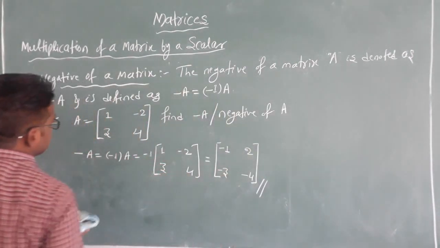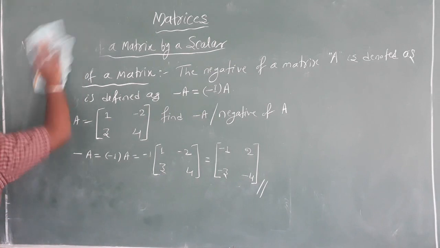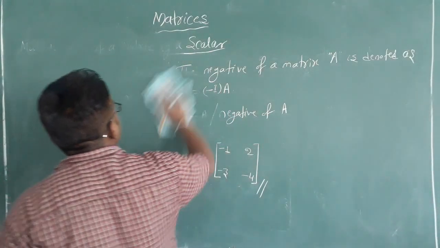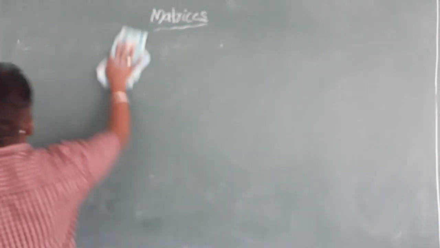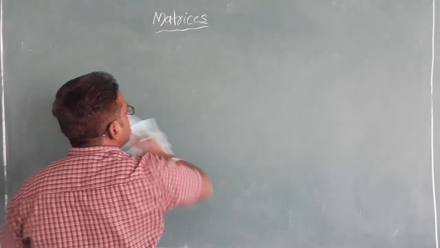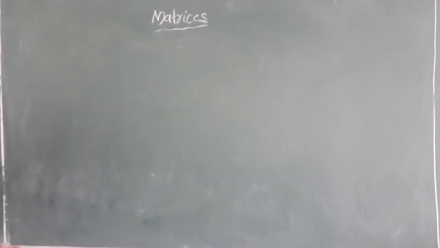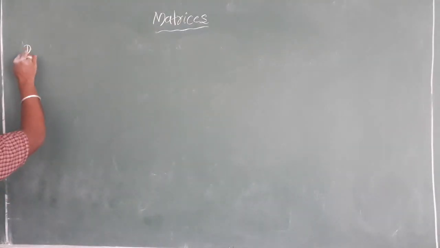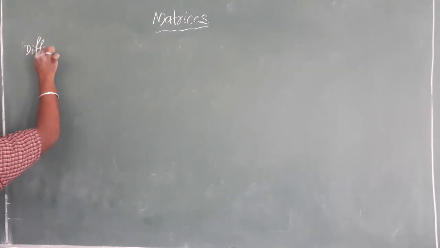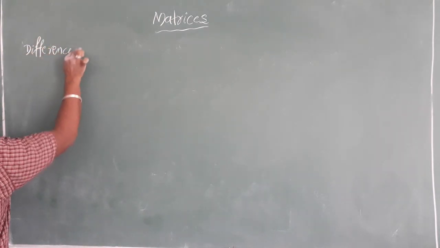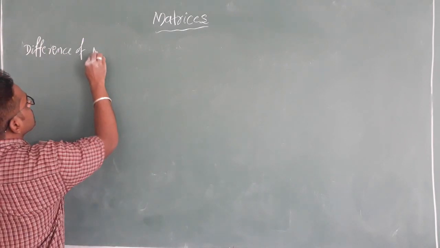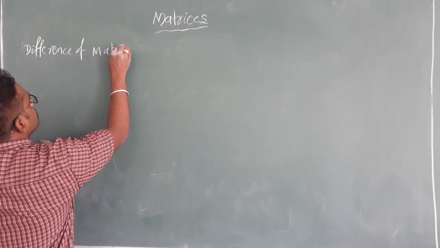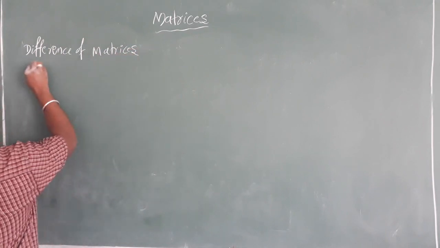So the next concept is the difference of matrices. How did we do the addition of matrices? First, for addition, the order of both the matrices must be the same. Difference of matrices.